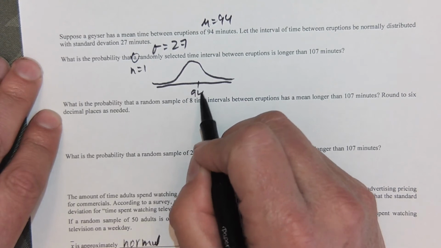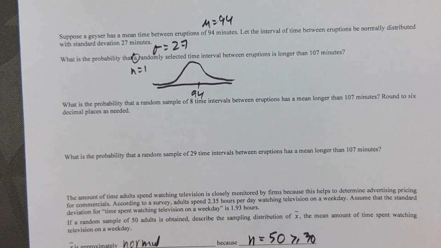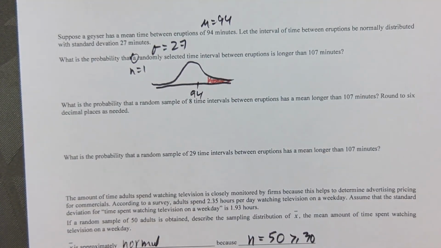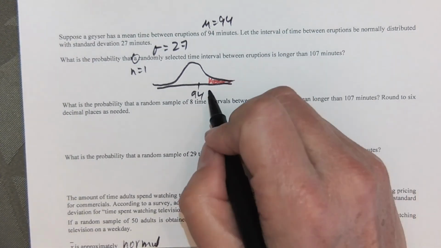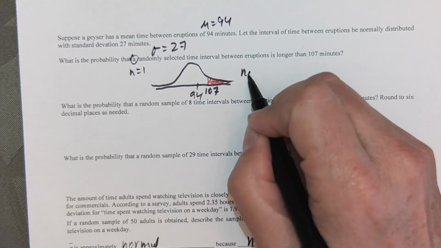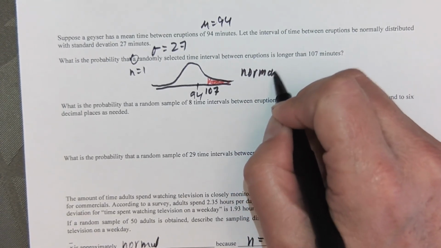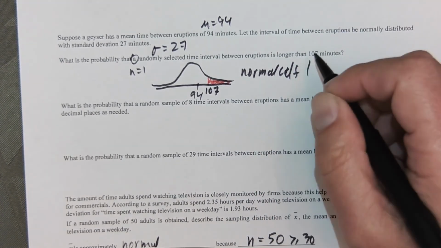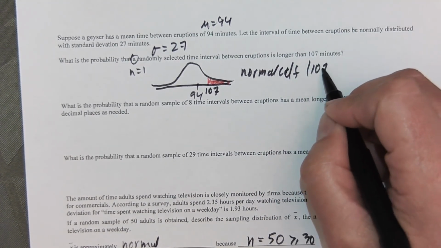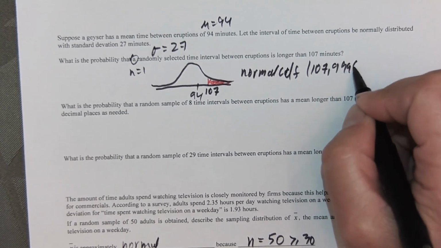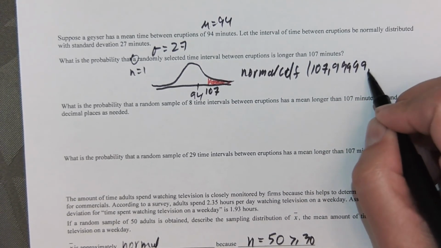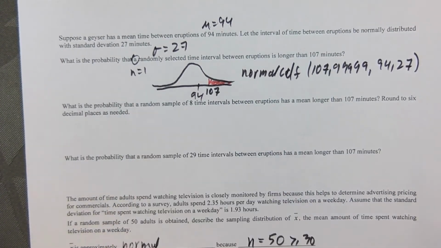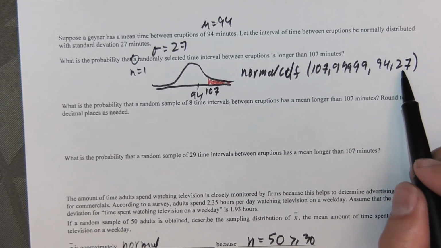Mean is 94. 107 minutes, that'll be over here somewhere. So this will be 107 to 99999. The mean of 94, standard deviation of 27. So n is 1 in this case. So you could even say it's 27 divided by the square root of 1.